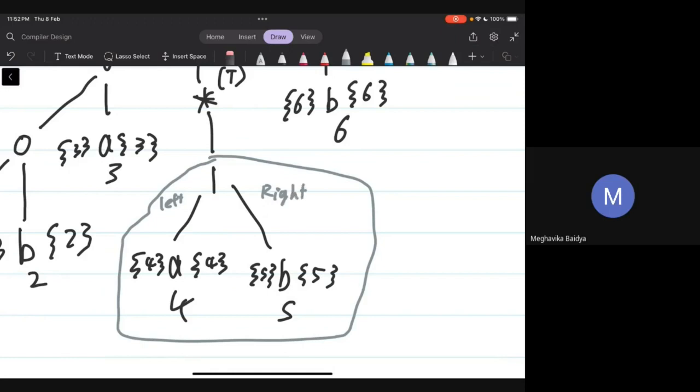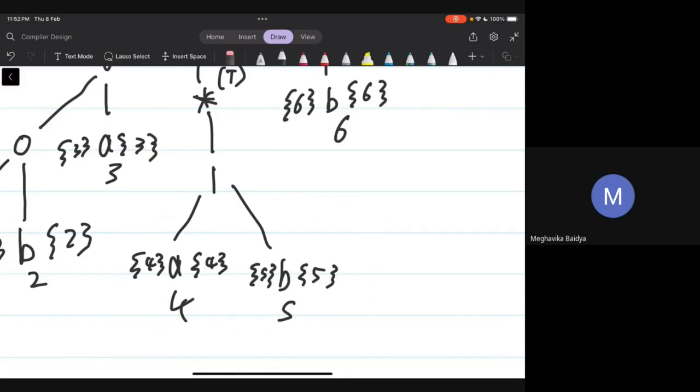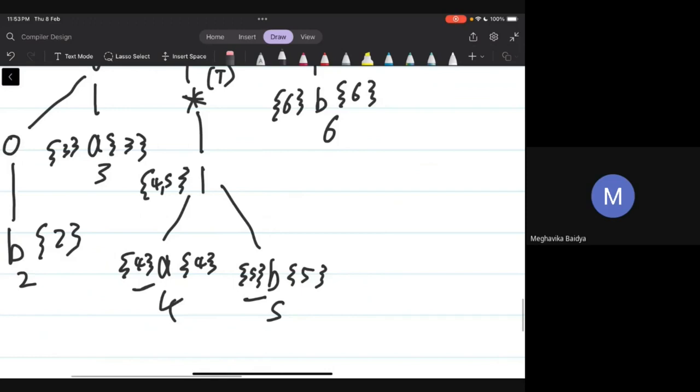The firstpos of or will be the union of firstpos of A and B, which is 4 comma 5. You can write it like this.